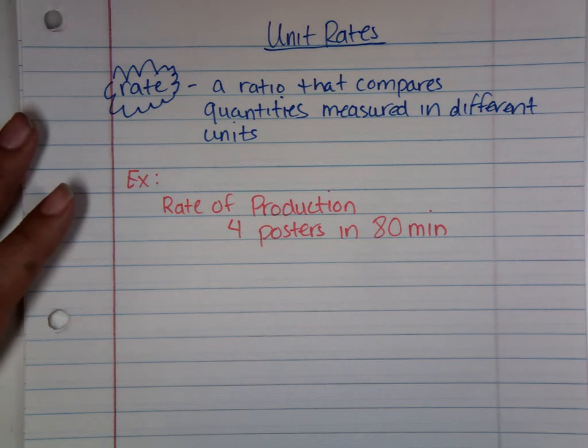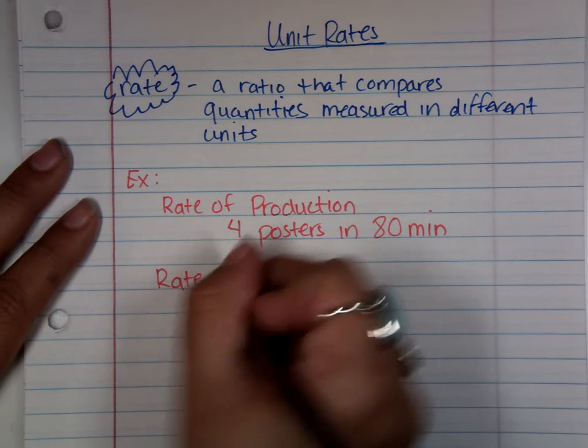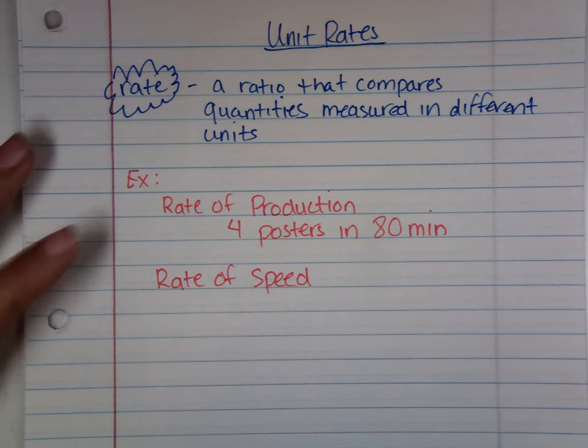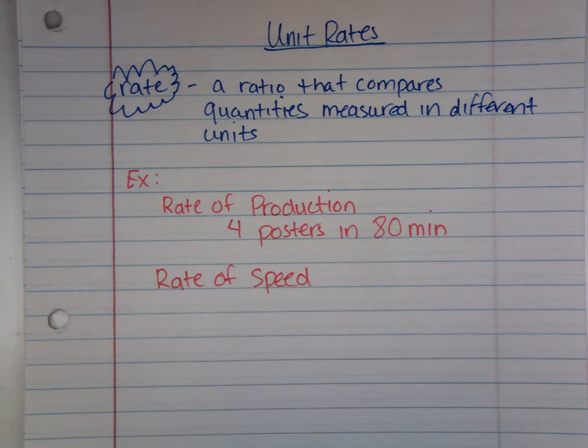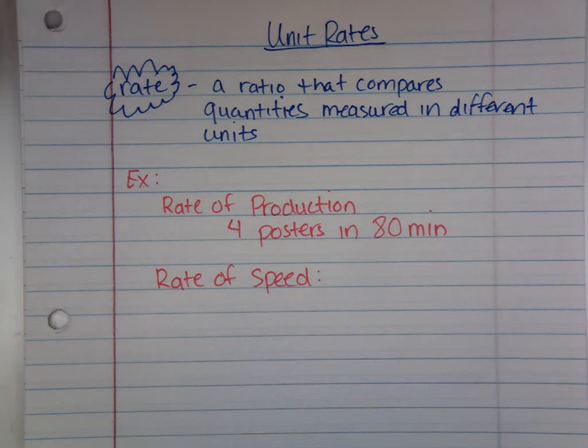Another example of a rate is rate of speed. Take a second and think about when you're riding in the car with someone, think about how fast they're going. What do we typically say about how fast they're going? For example, we could say when I drive to school, I'm going 65 miles per hour.